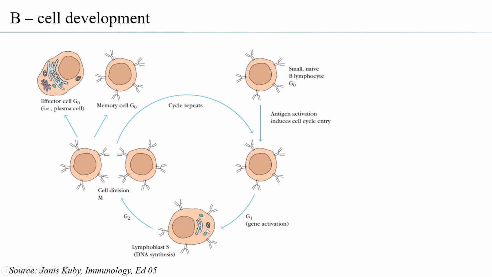In the lymphoblast, you will have DNA synthesis. That cell will divide into two, of which some cells can get back into the same cycle again and again, while some cells can further get differentiated into plasma cells. These plasma cells are responsible for secreting the antibodies, and some of them will remain as memory B cells.